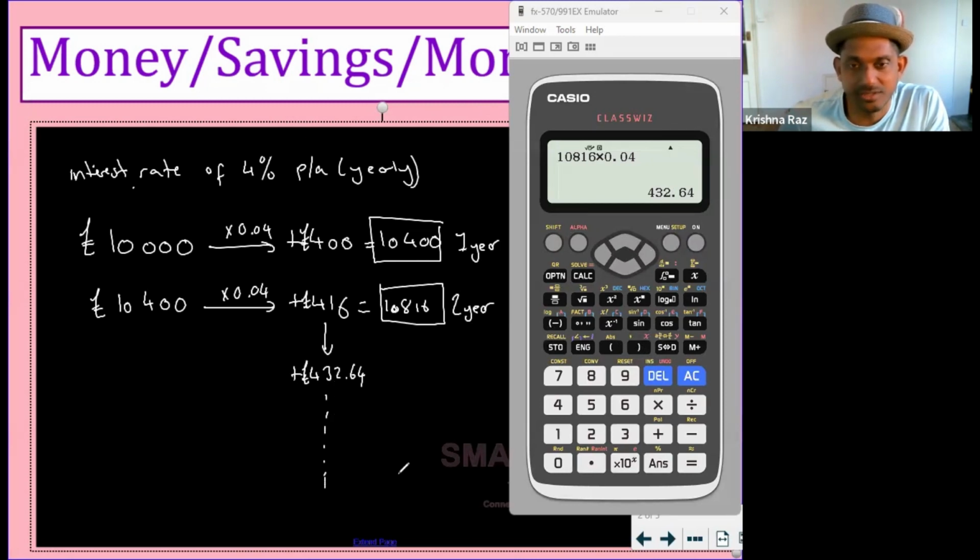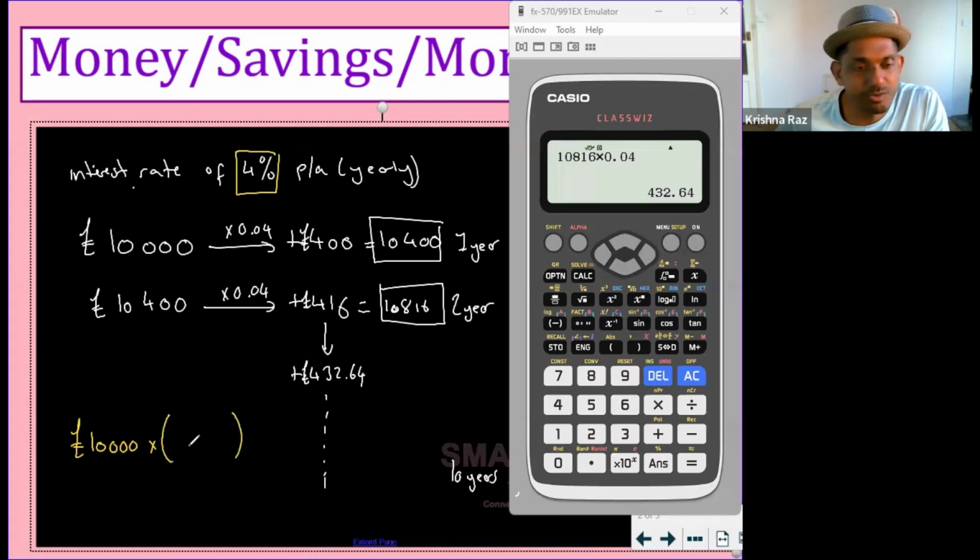What if we want to calculate how much you have after 10 years? Well, this process, I think you'll all agree, is a little bit tiresome or laborious. So what we could do is the investment amount multiplied by the multiplying factor to increase by 4%.